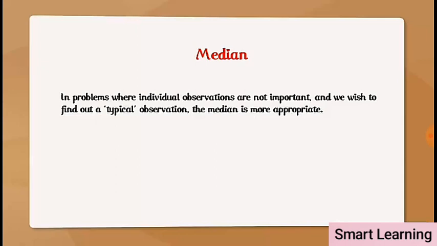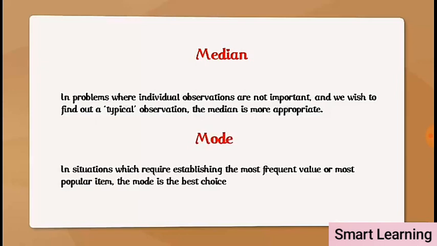So rather than the mean, we take the median as a better measure of central tendency. In situations which require establishing the most frequent value or most popular item, the mode is the best choice. Example, to find the most popular TV program being watched.